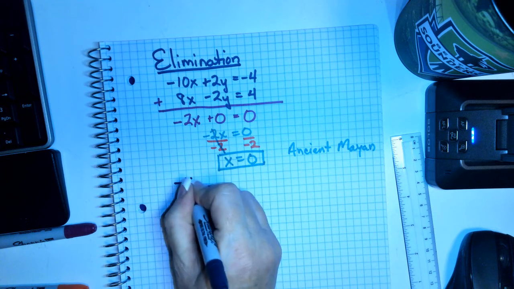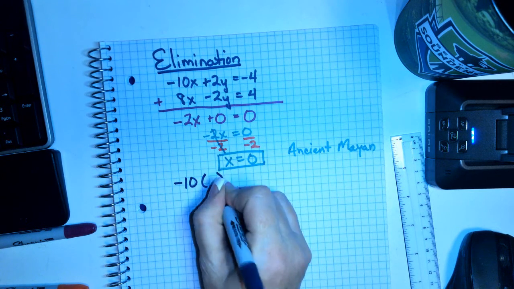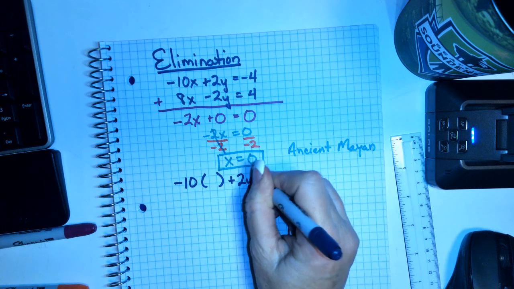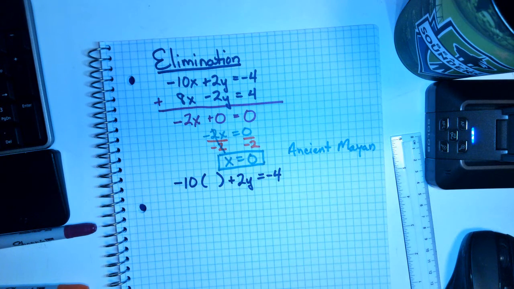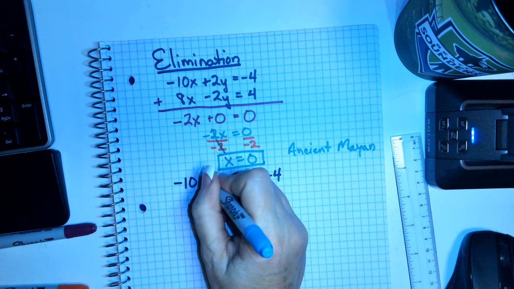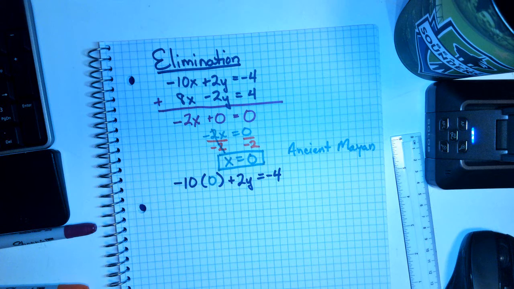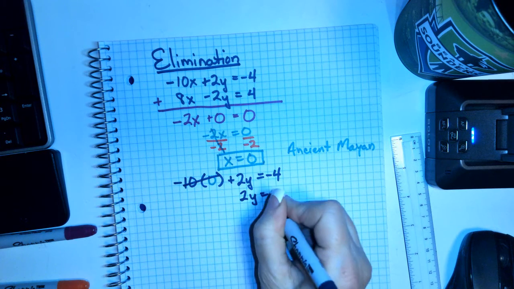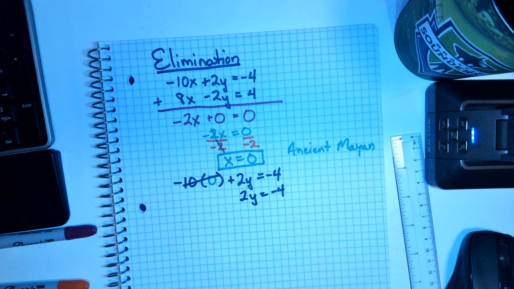So negative 10 times the x value plus 2y equals negative 4. And the x value here, in this case, is 0. Negative 10 times 0 is 0. So I'm left with 2y equals negative 4.